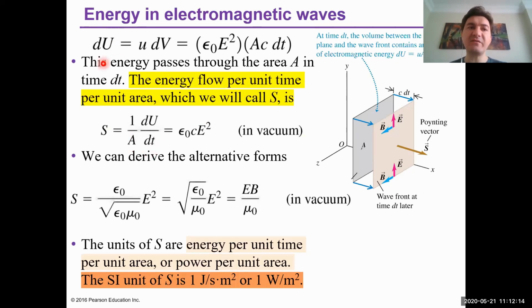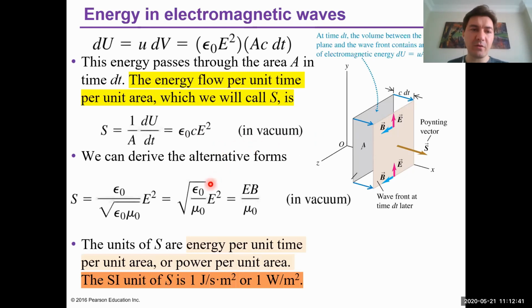So we will divide this energy by area and time. Then this will cancel this one, this will cancel this one. Finally, this S, the energy flow per unit time per unit area, can be found in that form, epsilon 0 c E square. This is in vacuum, don't forget.